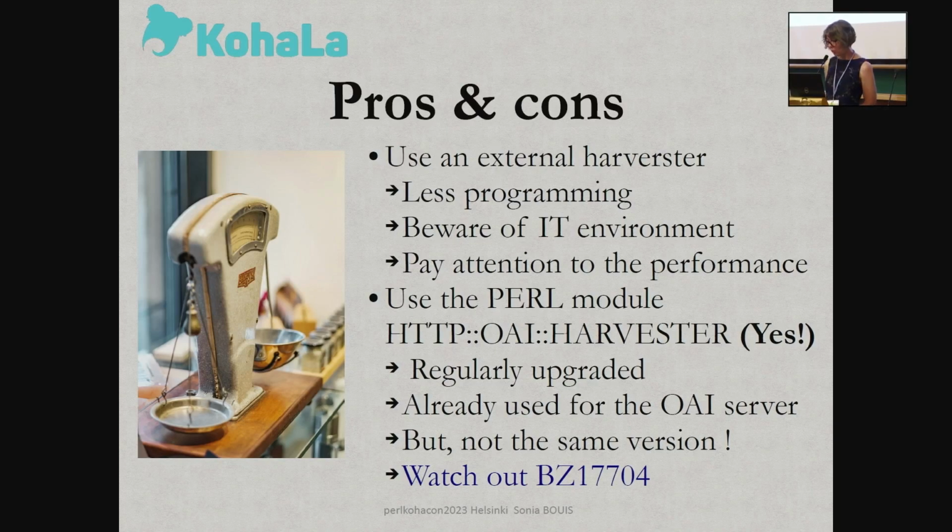And if we use the newest version of the Perl module, it breaks the OAI-PMH server. So we have to try to use the latest version of the Perl module in the server to be able to use it in the harvester.